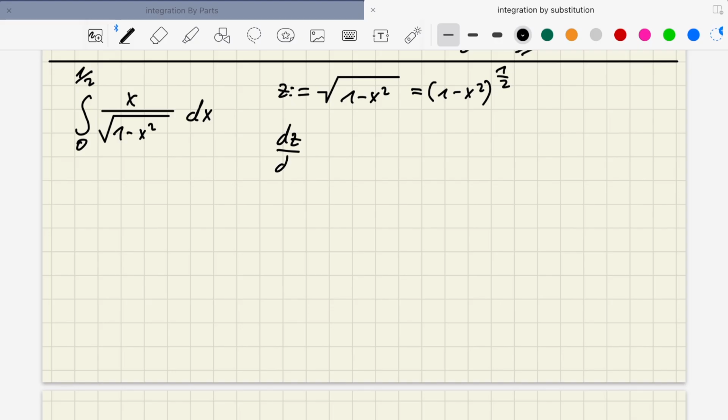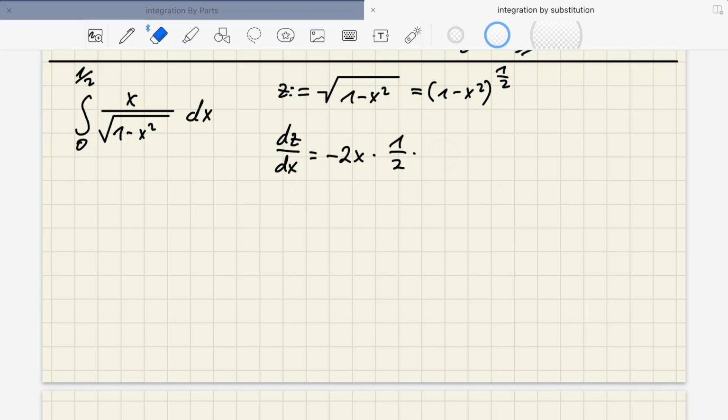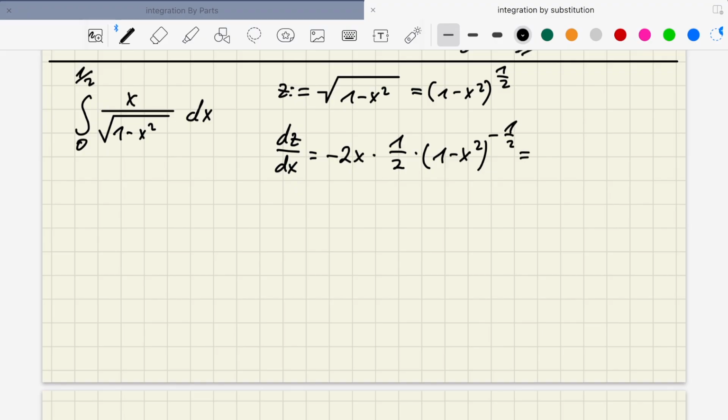All right, so we differentiate, which is the differentiation of the inner function multiplied by the differentiation of the outer function, which comes out to minus 2x multiplied by 1.5 multiplied by 1 minus x to the power of minus 1.5, which is equal to minus 2x divided by 2 multiplied by the square root of 1 minus x squared.